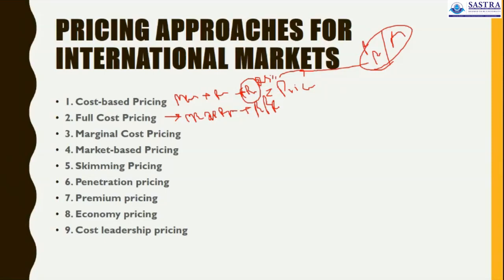For international marketing, they will consider the exchange rate fluctuation over a period of time. This particular product remains with the organization or in the warehouse for a period of 3 months, for 2 months, and it will be in quotation for 15 days or 10 days before it reaches the dealer or buyer.